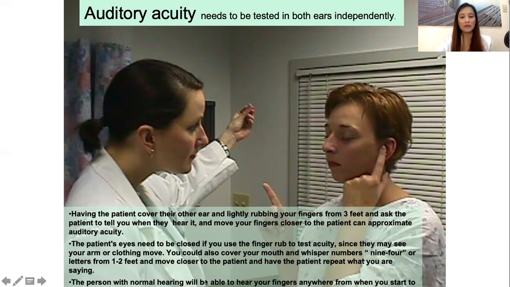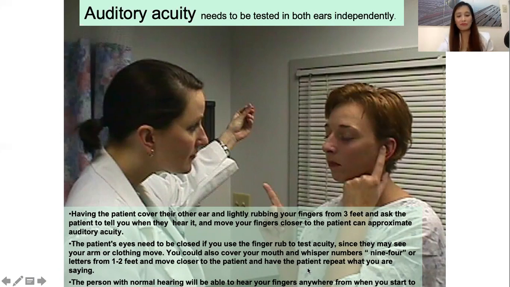So the person with normal hearing will be able to hear your fingers anywhere when you start at about 2 feet. But alternatively, you can also use your voice. So you can cover one ear and then you whisper something about 1 to 2 feet away from your patient, and you can say words like 9 4.